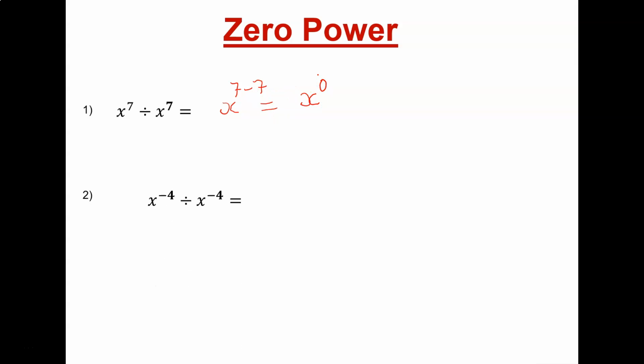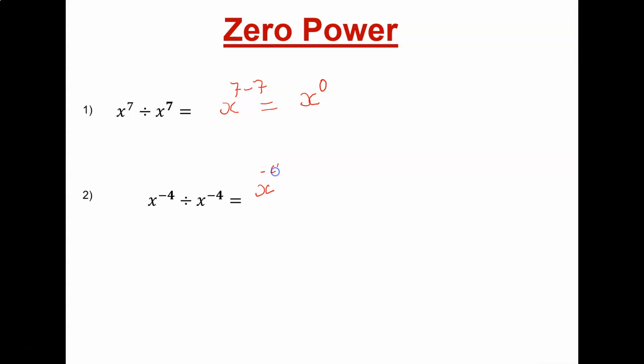Okay, zero power. x power of 7 divided by x power of 7. Let us apply the division rule. Let us say x, 7 minus 7, and that gives us x power of 0. Okay? x power of minus 4 divided by x power of minus 4.